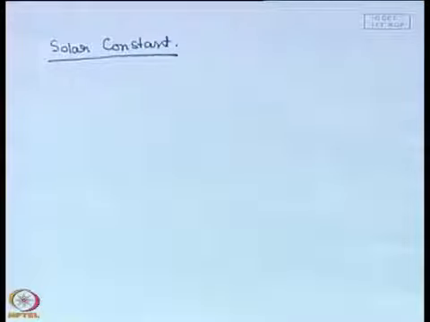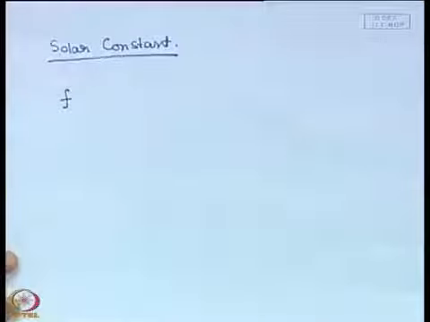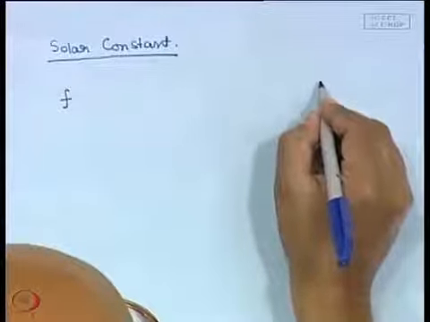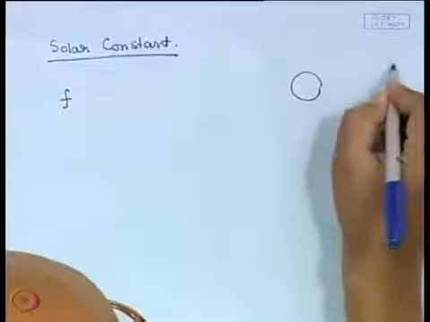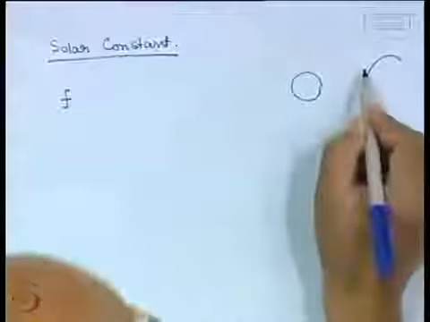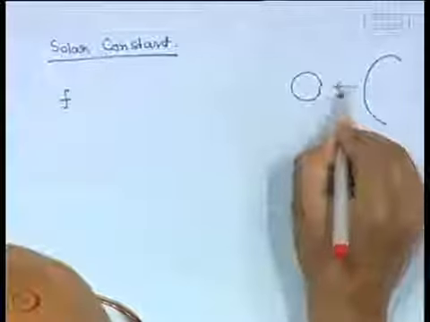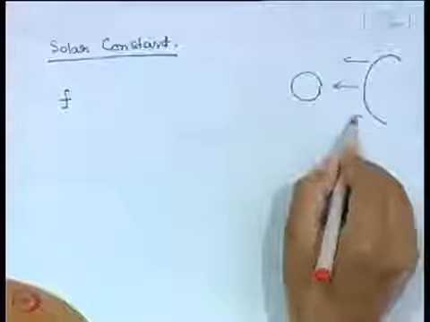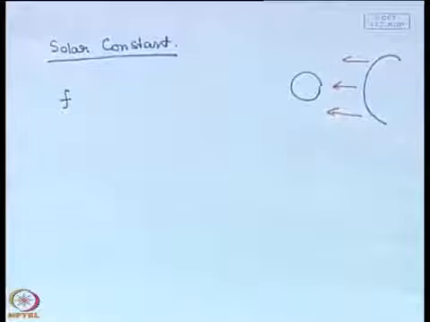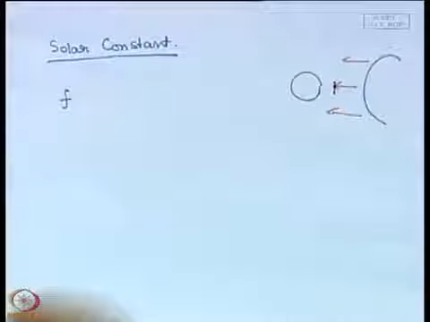This is the quantity that can be directly measured. Let me just draw a cartoon picture here. This is the earth and this is the sun. Obviously, it is not to scale, and the radiation from the sun is incident on the earth. What the solar constant measures is the flux of this radiation just outside the earth's atmosphere.